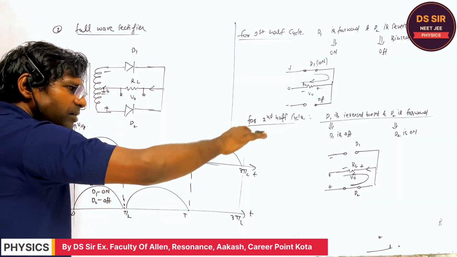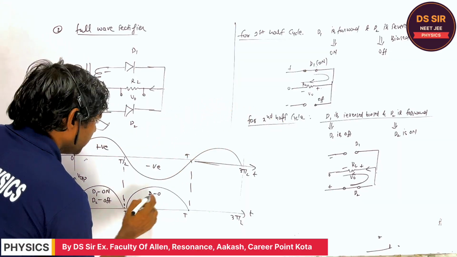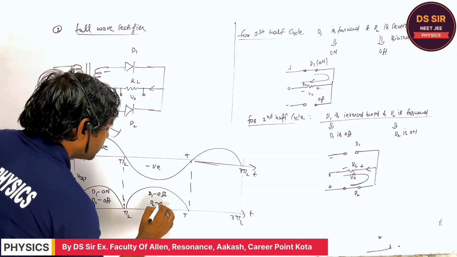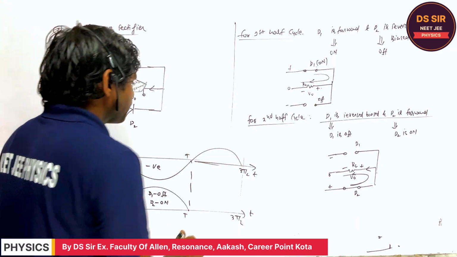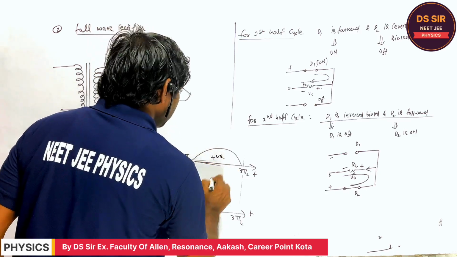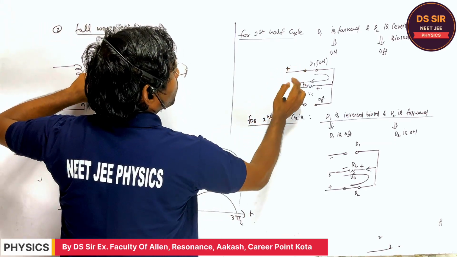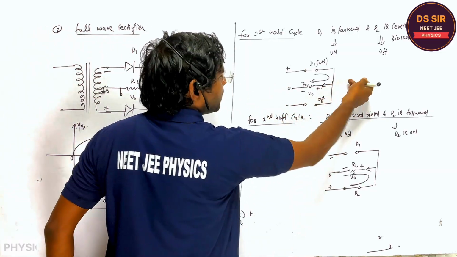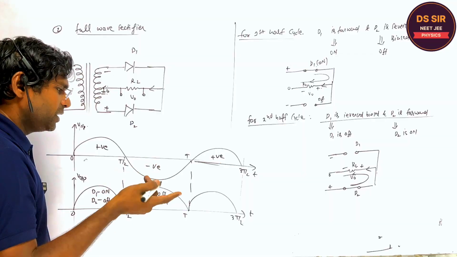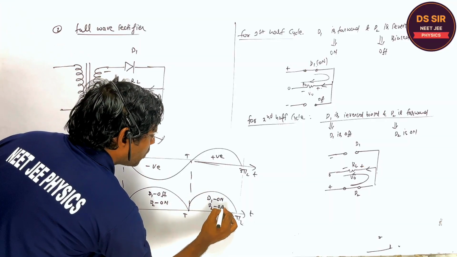DC means the current remains in the same direction, but here D1 is off and D2 is on. Again, for the next half cycle, this becomes positive, this becomes negative, and this is 0. Again the current in the load resistance flows in the same direction, but here D1 is on and D2 is off.